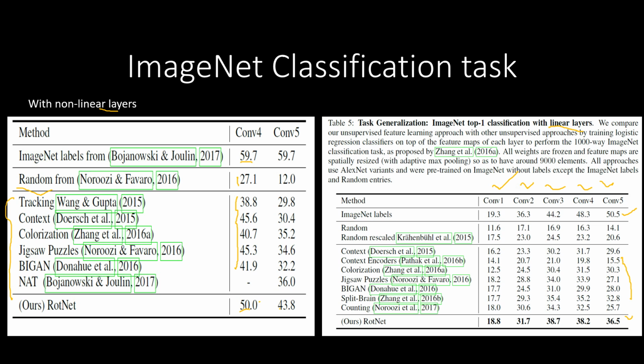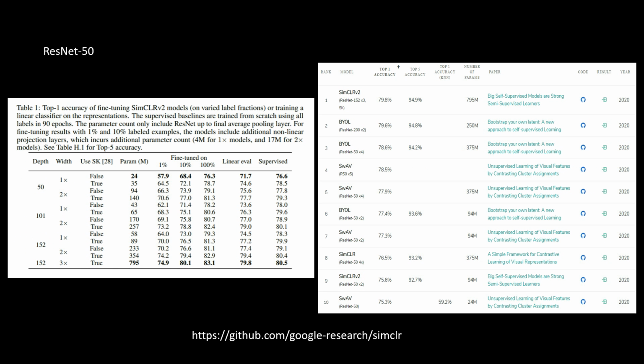Now let's see. One thing is this is a 2018 paper and the model used is AlexNet. As of now, the state of the art self-supervised models like SimCLR, BYOL or SwAV have achieved performance very close to the supervised method, like 80% in here, 79%.